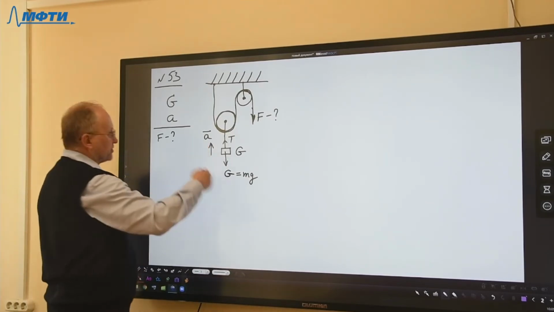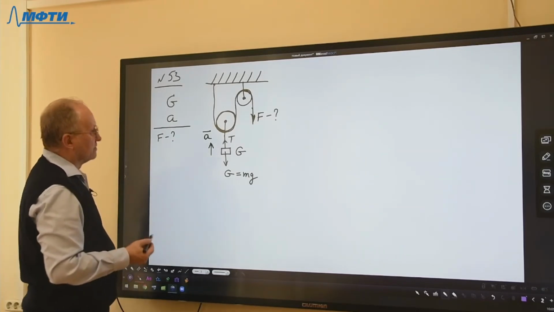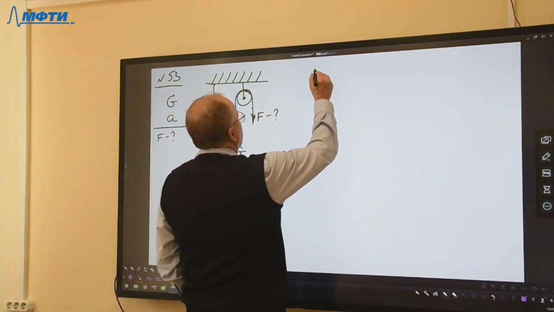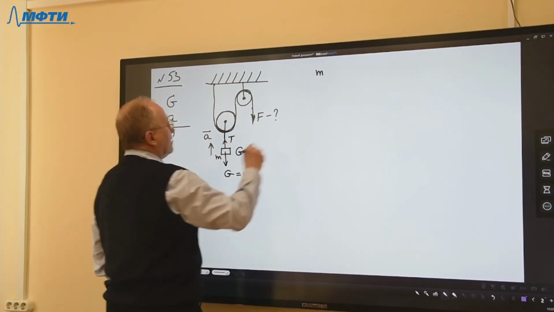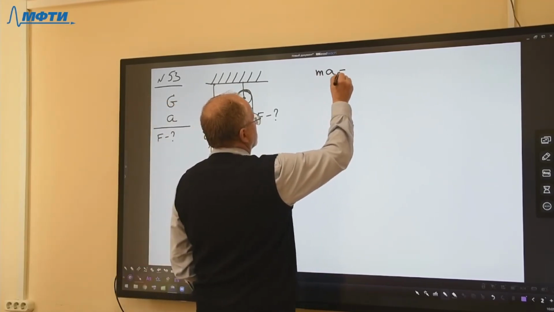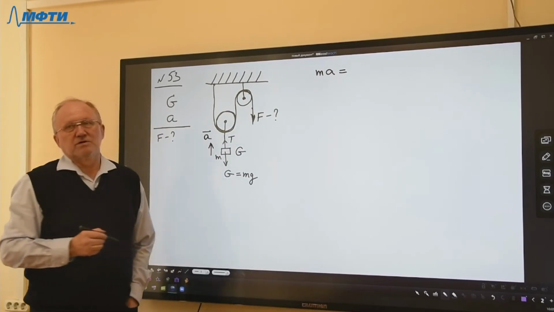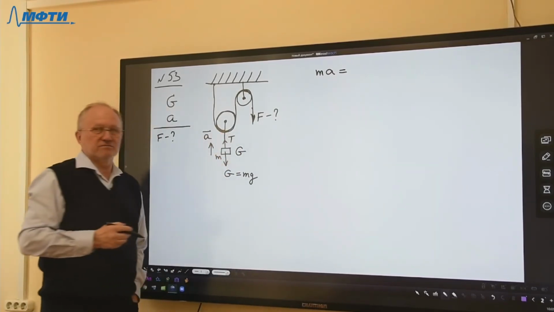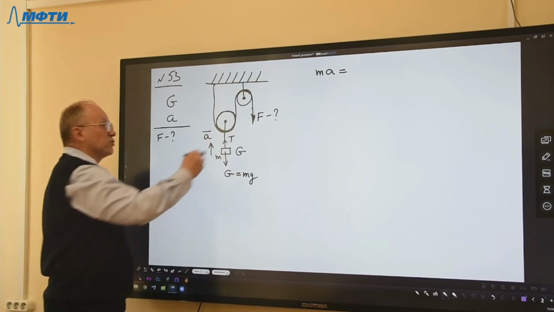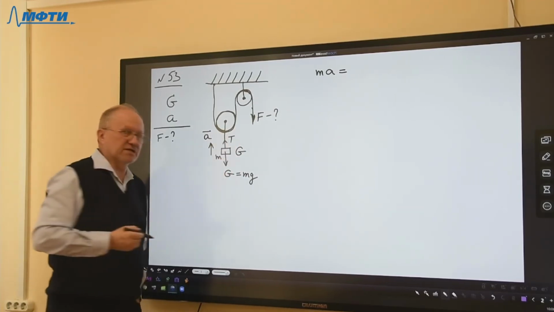In order to solve this problem, we have to use the second Newton's law, which says that the mass of the body times its acceleration should equal the vector sum of all the forces acting on this body. How to find all the forces acting on this mass?